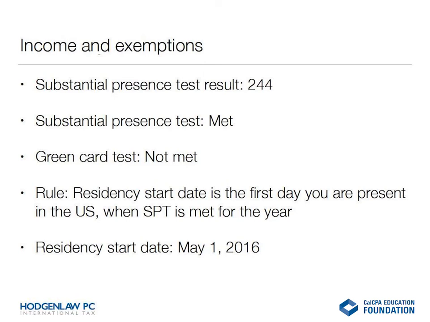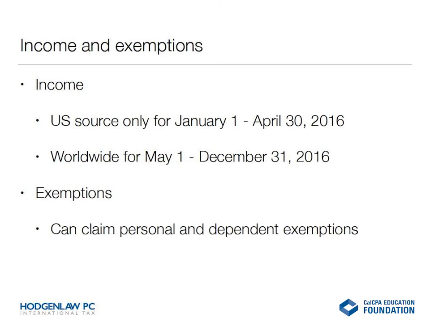So, looking at income and exemptions, she's going to be reporting her U.S. source income only for January 1st through April 30th. And then starting May 1st, when she becomes a U.S. tax resident, she will then need to report her worldwide income from May 1st through December 31st.